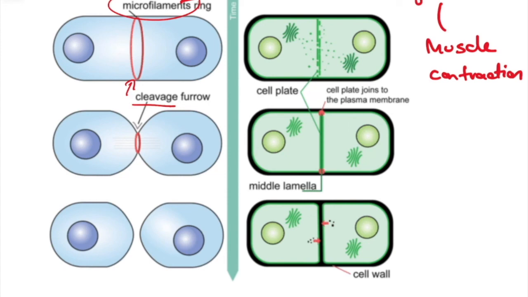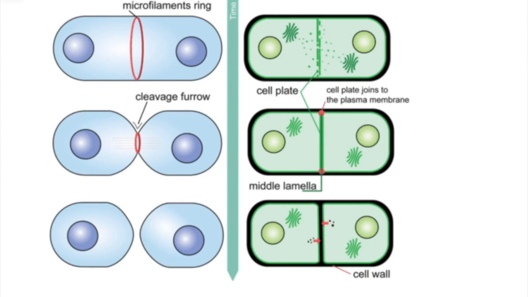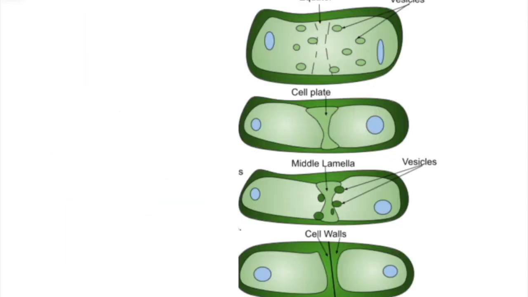Whereas in plants, instead of having a contractile ring, there is something called a cell plate, and vesicles which contain substances move towards the equator. They fuse with some tubular structures in the cell plate. So we get these vesicles moving, and they deposit in this gap.